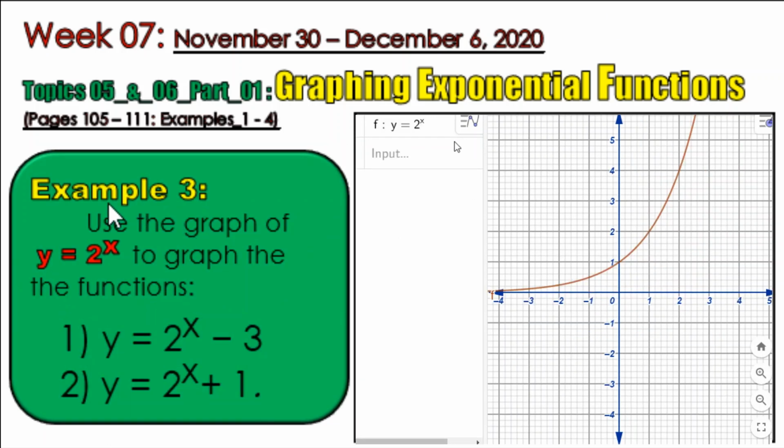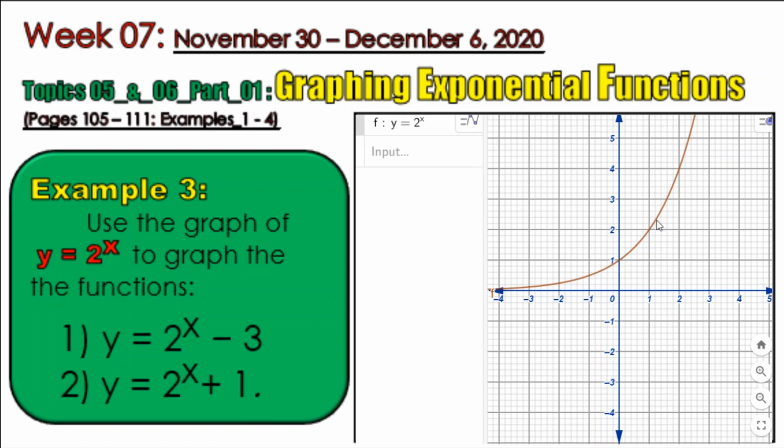Next, we have example number 3. Use the graph of y is equal to 2 raised to x to graph the functions y is equal to 2 raised to x minus 3 and y is equal to 2 raised to x plus 1. So let us start with the function y is equal to 2 raised to x, and this is the graph.